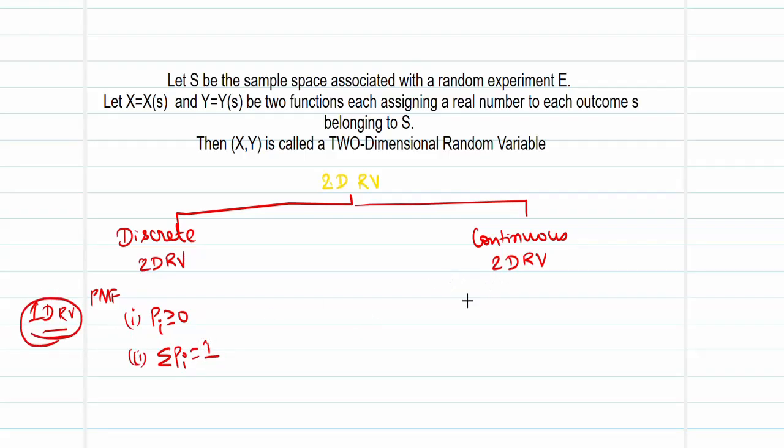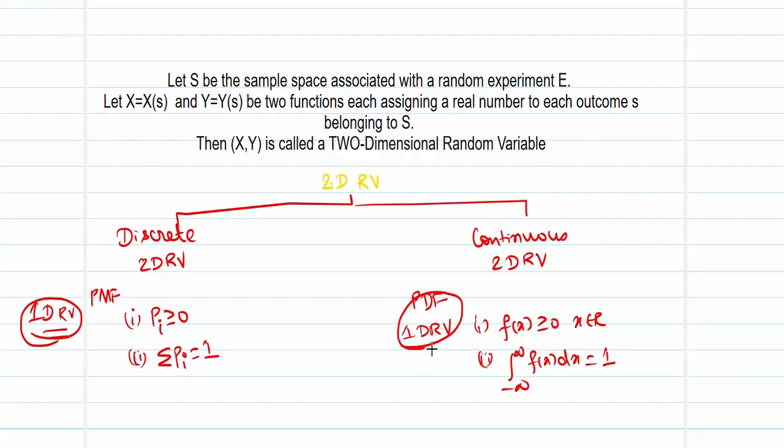Similarly, for the continuous case, we defined a probability density function with the first condition that f(x) must be greater than or equal to 0 for all values of x that belong to the real number system, and the second condition is that the integral from minus infinity to infinity of f(x) dx is equal to 1. So this is again for a one-dimensional random variable.